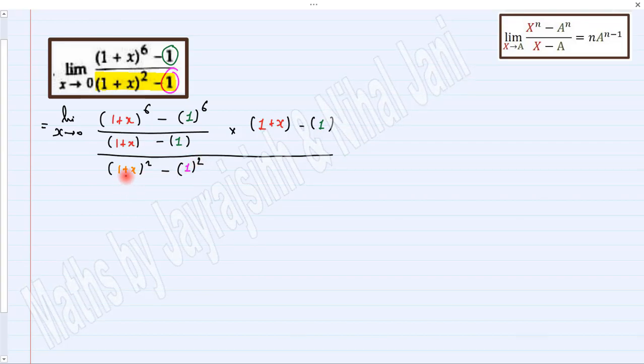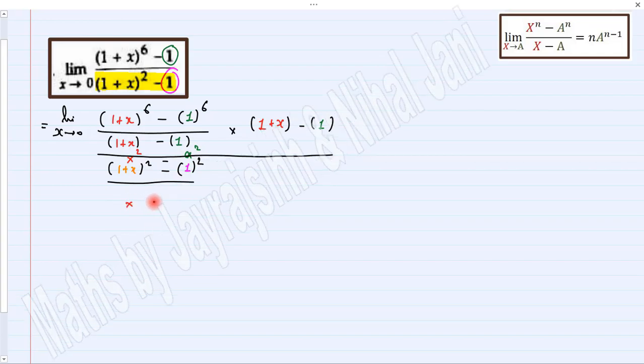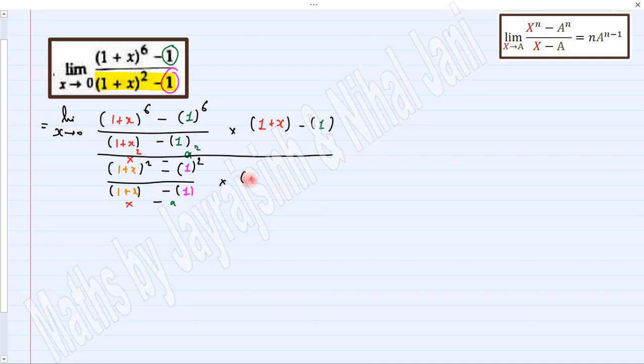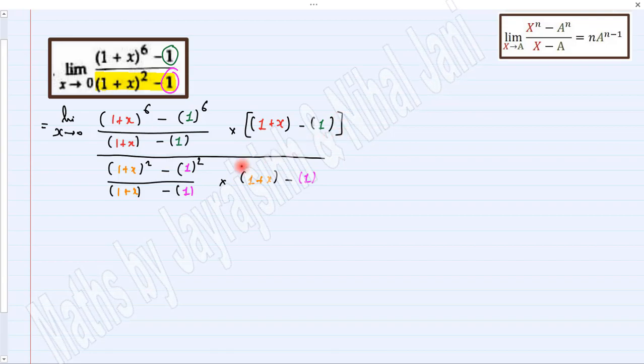So again we have X raised to 2 minus A raised to 2 form. So we just need X minus A. So let's multiply and divide by 1 plus x, which is your X, minus 1, which is your A. Now here we have 1 plus x minus 1 as a common factor in both.